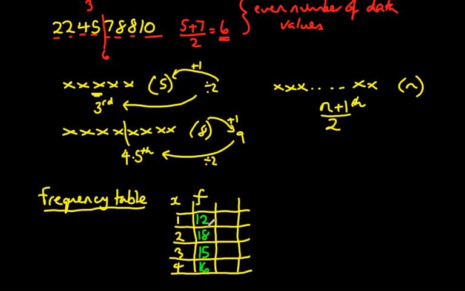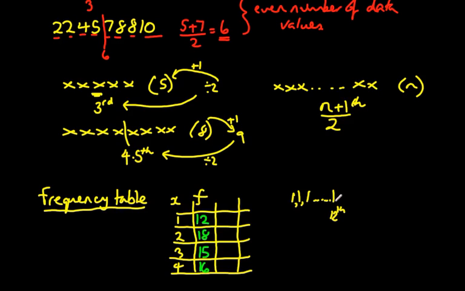Well, this frequency table just counts how many of each number we've got. So if you wrote all the scores in a list in order, you would have 12 ones in a long line. I'm not going to write them all out, but I'm going to imagine that's the 12th one.